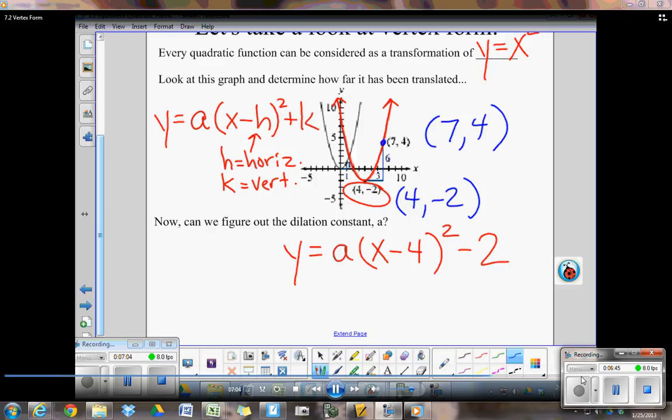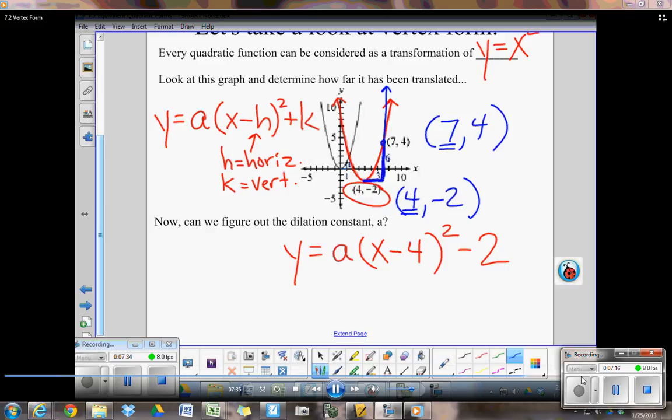So the horizontal change there is 3, while the vertical change is only 6. How does that compare to how a parabola normally behaves? Normally it moves over 3 and up 9. This is going over 3 and up 6. So it's not going up as far as it normally does. That's a clue that this parabola has definitely been dilated. It's actually shorter than it normally is.